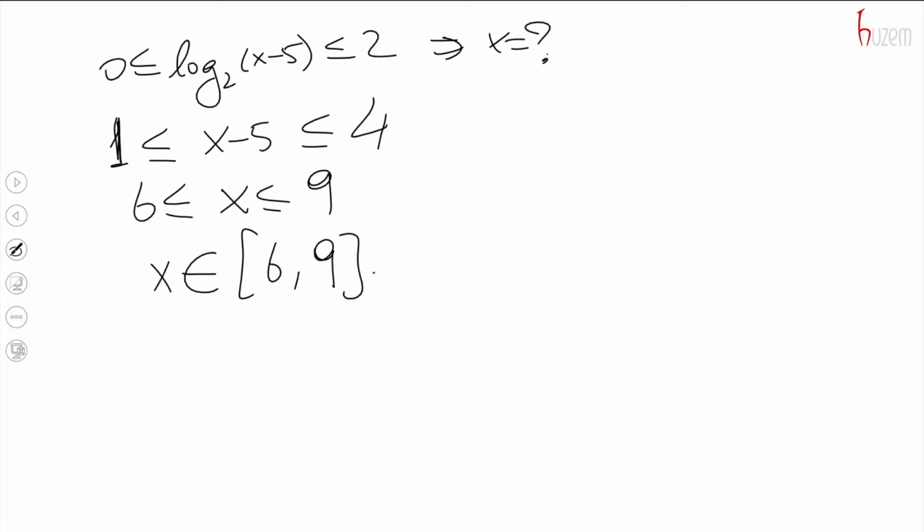For example, we cannot have negative numbers inside the logarithm. Is it negative for any number inside this interval? No, it's not. So we can use any number here, and it will be defined everywhere. So x is really the set given here. This is where x belongs.